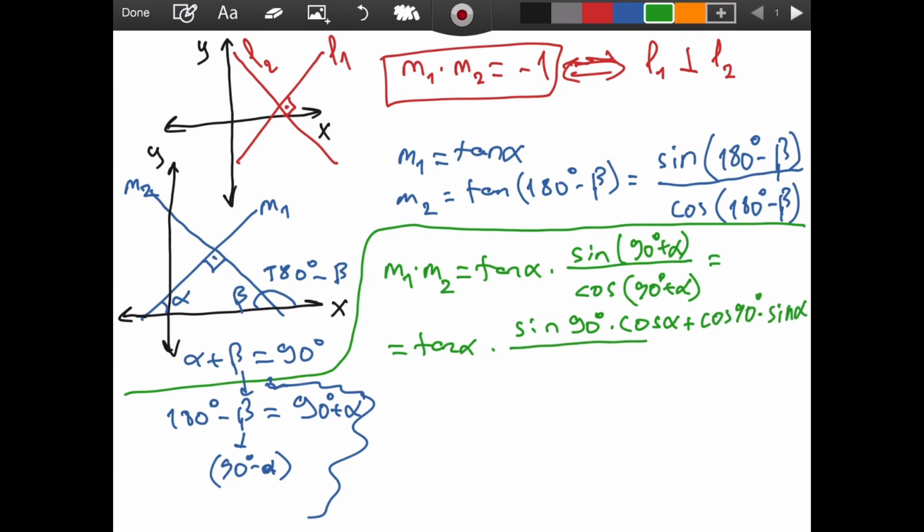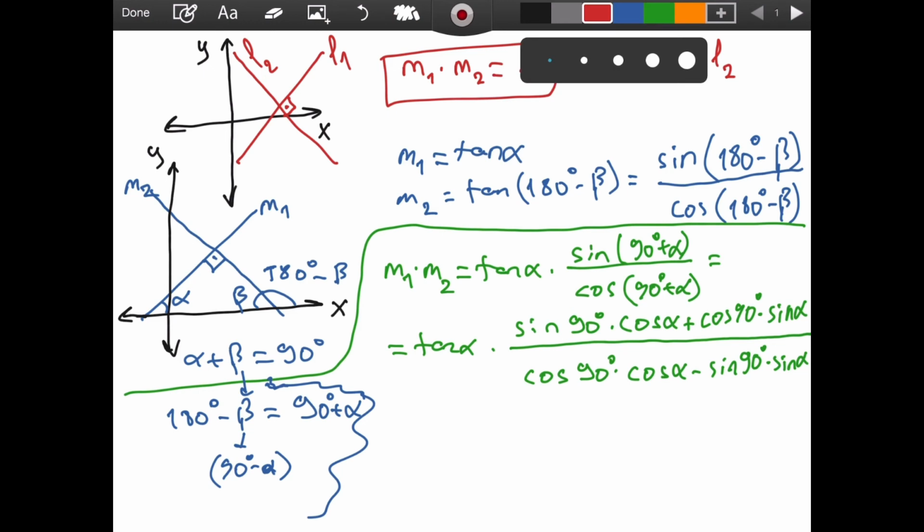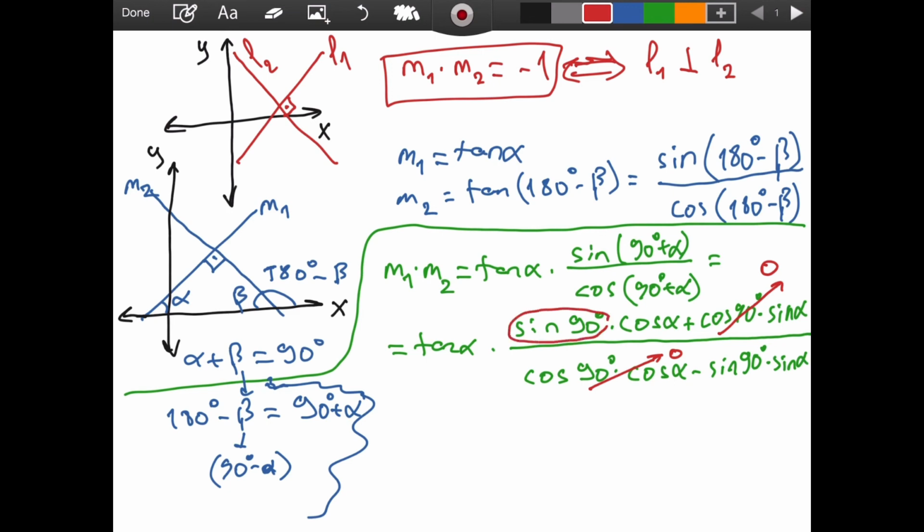As I said, this comes from the sum formula for sine, and now using the sum formula for cosine, we will have cosine of 90 degrees times cosine of alpha minus sine of 90 degrees times sine of alpha. And there are some simplifications that we can make. For example, cosine of 90 degrees is equal to 0, so this term goes to 0. And here as well, it goes to 0. Also, sine of 90 degrees, this and this, these are equal to just 1.